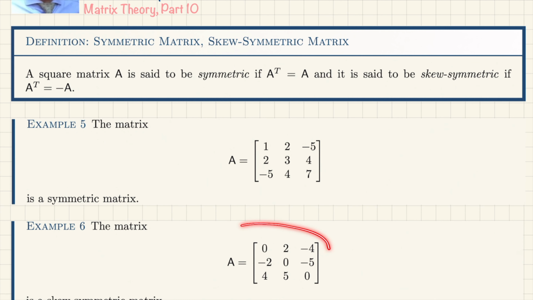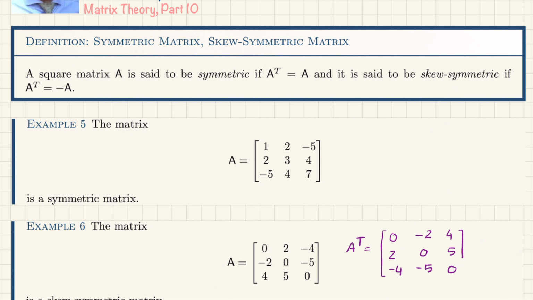Okay, but this one is not symmetric, it is skew symmetric. Why? Let me write it here for you. Let me change my color and write A transpose here. So what is A transpose? The first row should be written as the first column, the second row as the second column, and the third row as the third column.